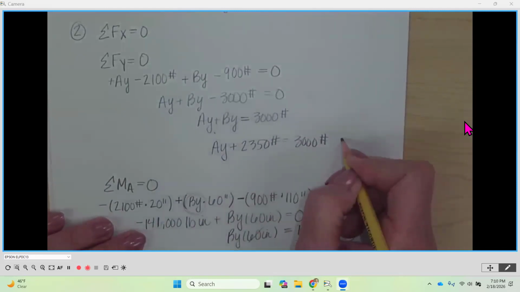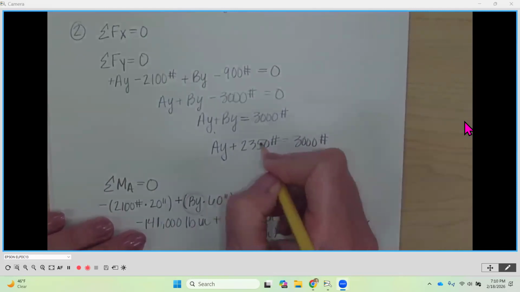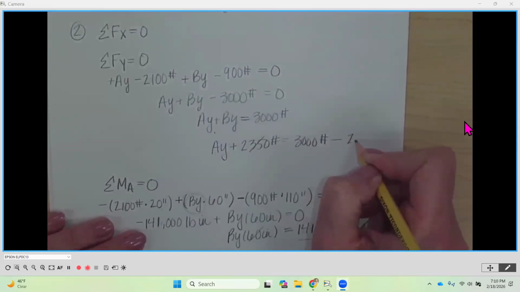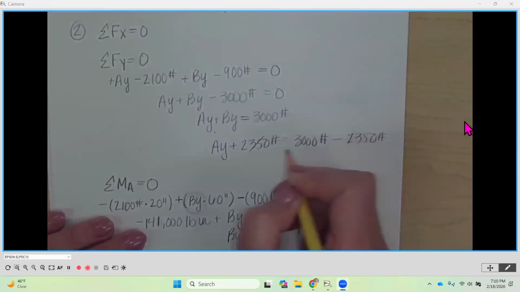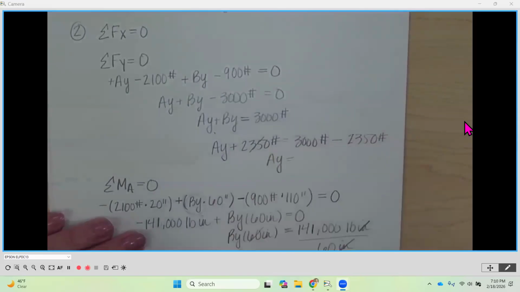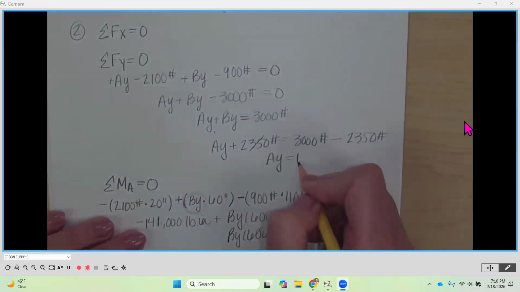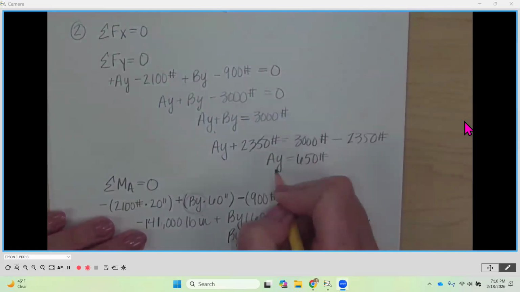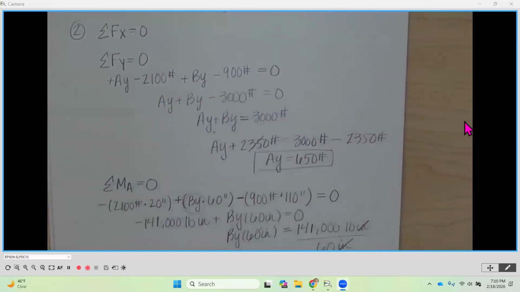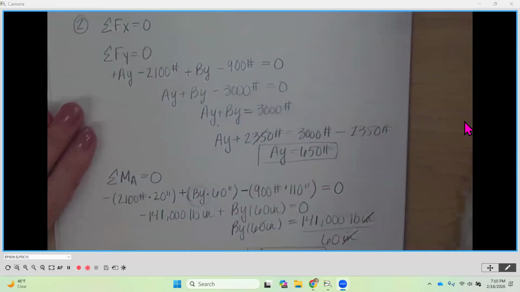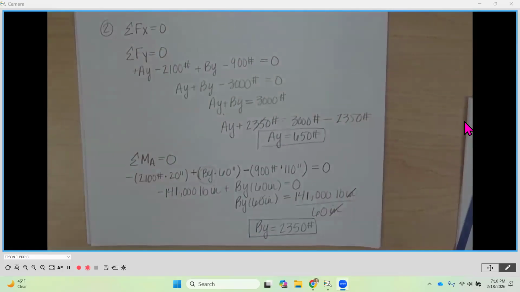If we move that over to the other side, it's minus 2350. My Ay is going to be equal to 650 pounds. Everybody get the same answer?